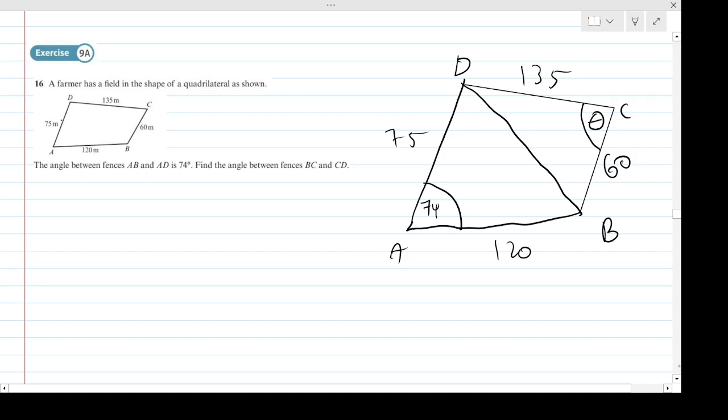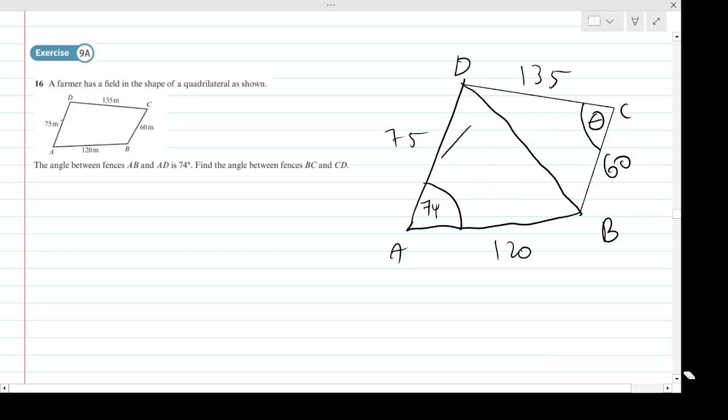I can't find theta at the moment because I know 2 sides on that triangle, 35 and 60. But remember, for the cosine rule I need to know 2 sides and an angle, or 3 sides. I don't know 3 sides and I don't know any angles, so I can't use it on this triangle up here. But what about this triangle then?